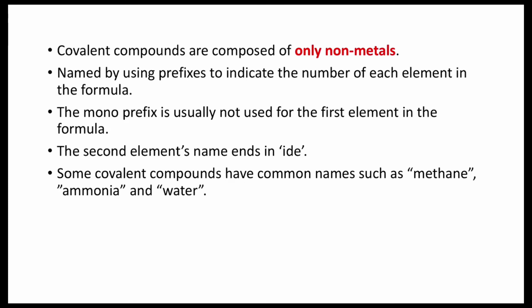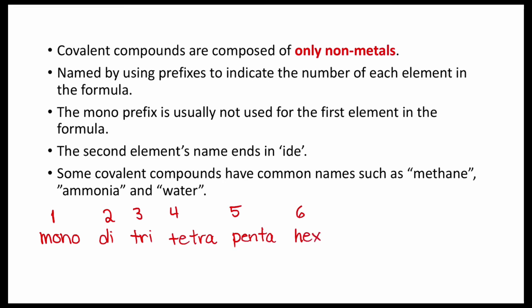Prefixes we are talking about here: 1, mono, 2, di, 3, tri, 4, tetra, 5, penta, 6, hexa, 7, hepta, 8, octa, 9 is nona, and then deca is 10.